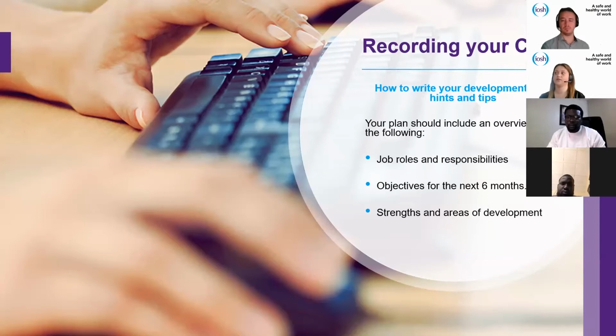So within that, we'd ask you to include your job roles and responsibilities, set any objectives for the next 6 to 12 months, and then add any strengths and areas of development. Now, we're not after essays in this area, so just a brief overview of this information is all that's required.